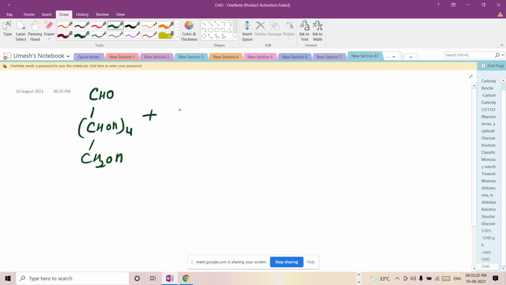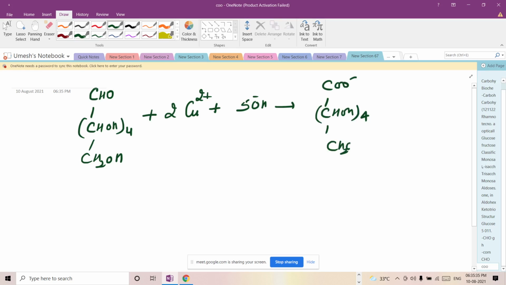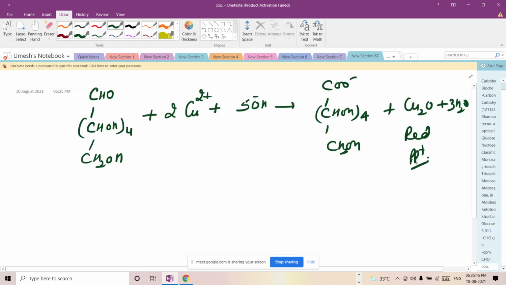And another is the Fehling solution test. It gives a red precipitate.